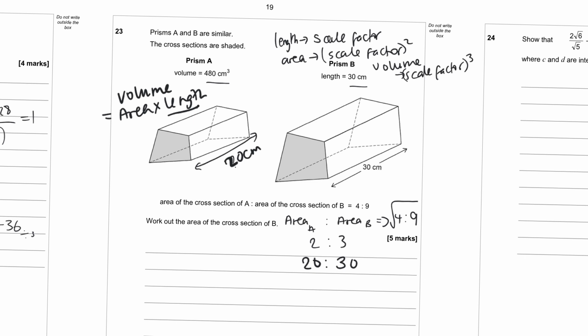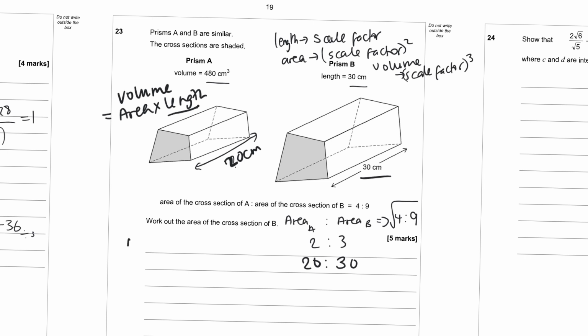So yeah, volume is equal to area times length. So if I know the length of B, there we go, I can work out the cross-sectional area of B. And how I can work that out is, first of all, I'm going to work out the cross-sectional area of A, then use the ratio to help us out.